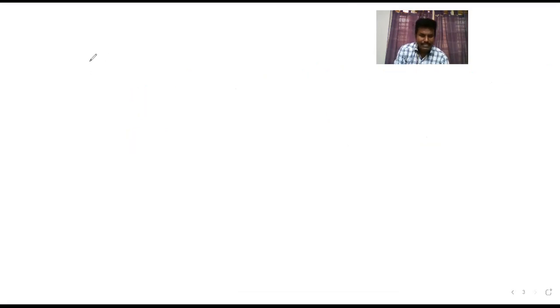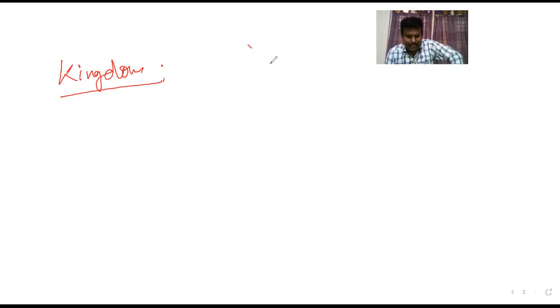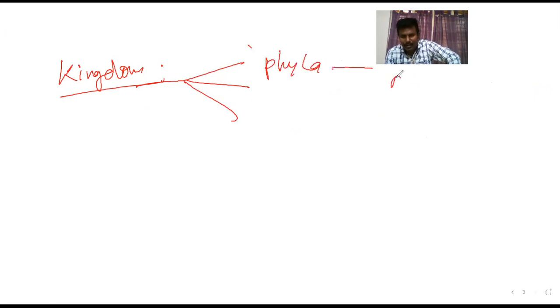Next one is kingdom. It is the highest taxonomic category. Each kingdom has a number of phyla, including all organisms that share a set of specific common characters.